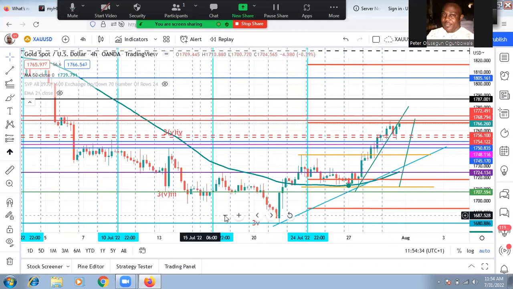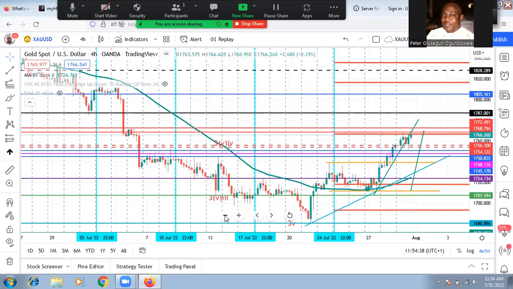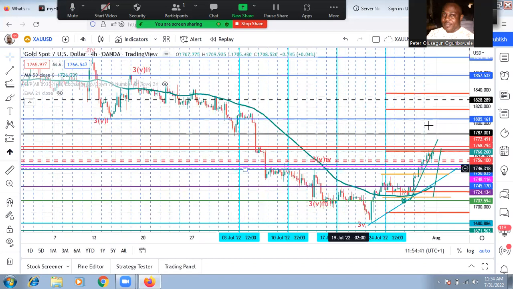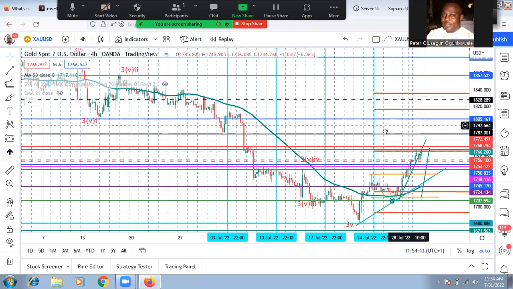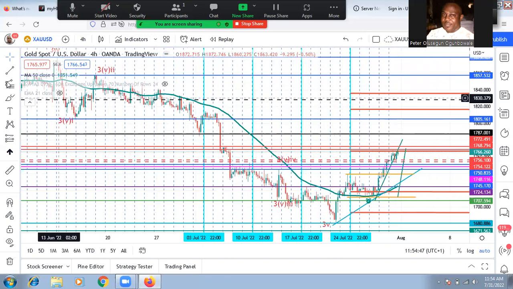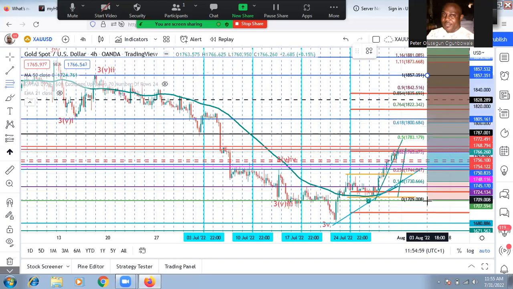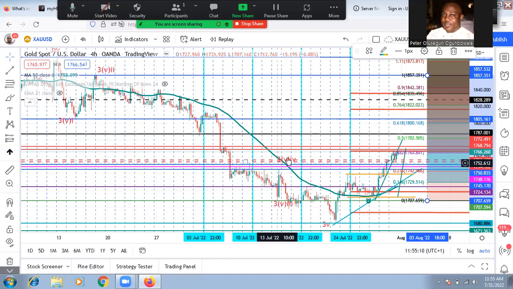So let's see what we have here from a 2. If you take this 2 from this level to this level, to that level, this may have finished the 4 that we are talking about. So I'm going to take all this drawing away for us to see clearly.